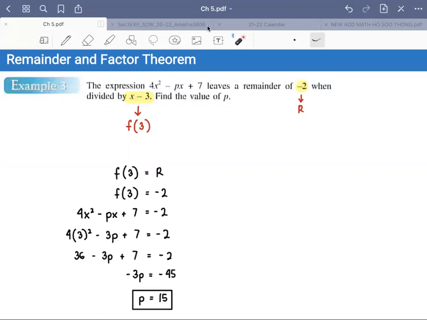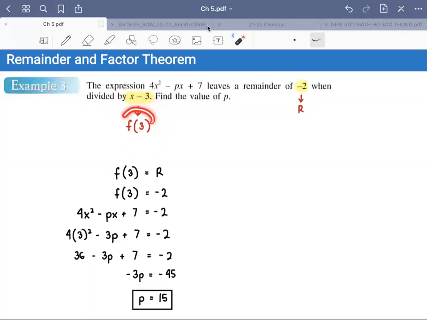This is basically your expression, right? It says here it leaves a remainder of negative 2, so therefore your r is already equal to negative 2. And it says here that you'll get negative 2 when you divide it by x minus 3.